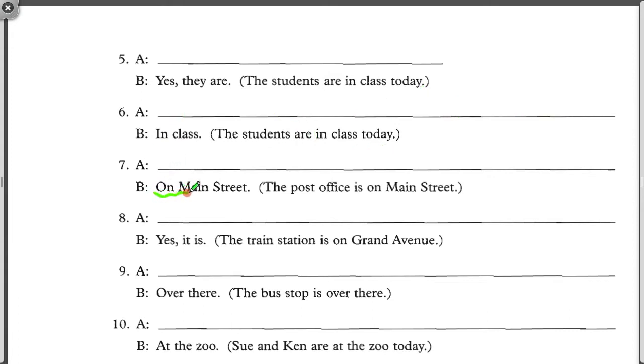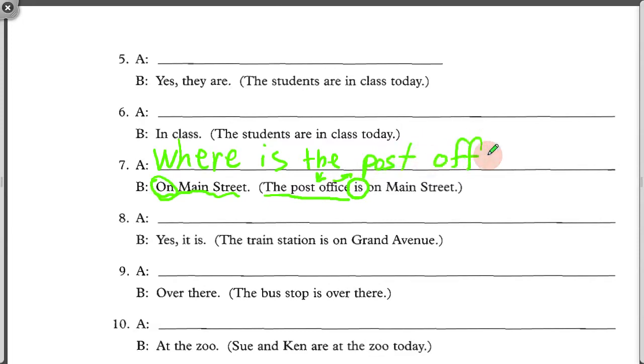On Main Street. So where? We're looking for where because it's an on. Where and is. Here's is. Here's the post office. It's on Main Street. The post office is on Main Street.